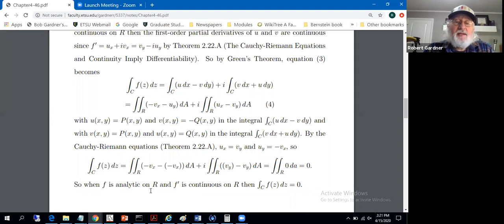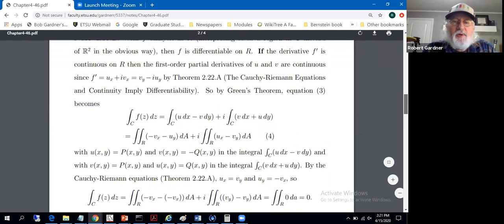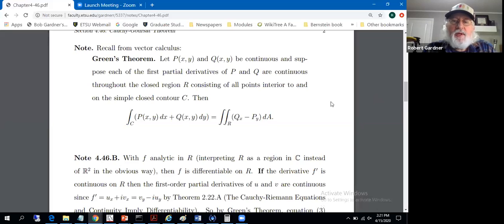So when f is analytic on R, we needed that. When f prime is continuous, where did we use that? It's when we use Green's theorem. Remember, it required the p's and q's to have continuous first partial derivatives.